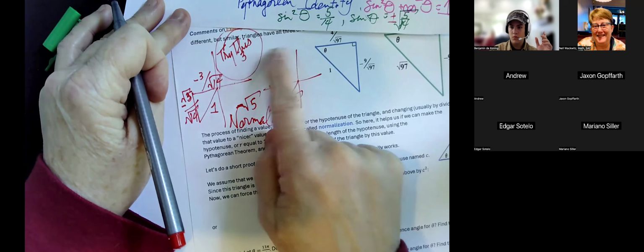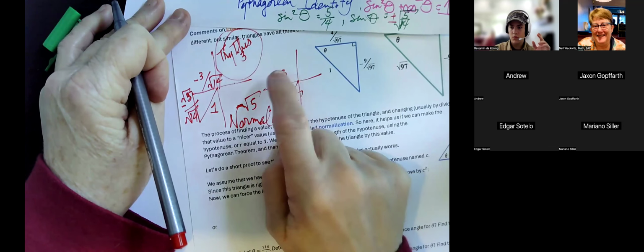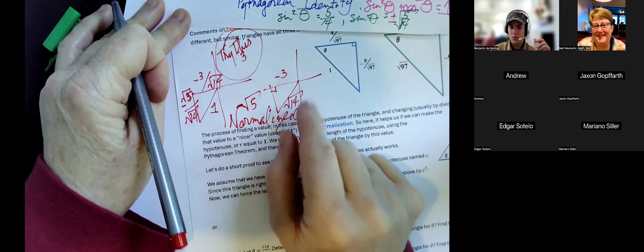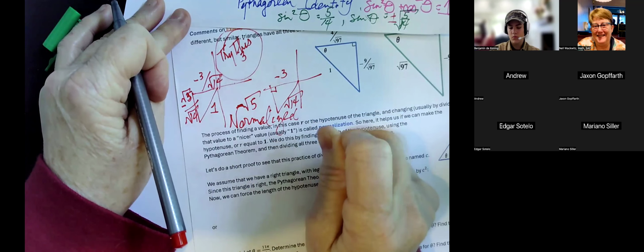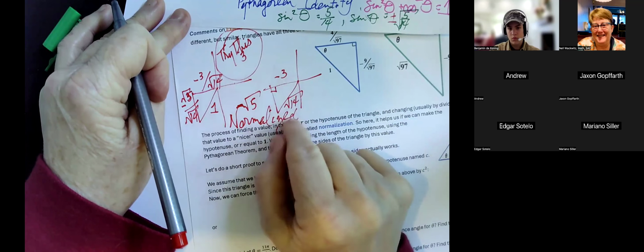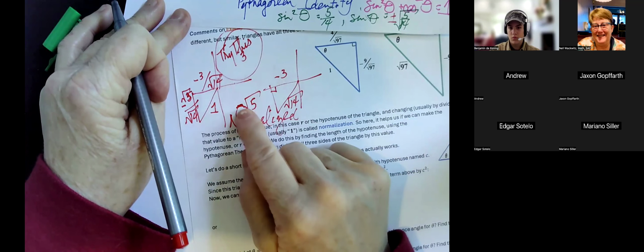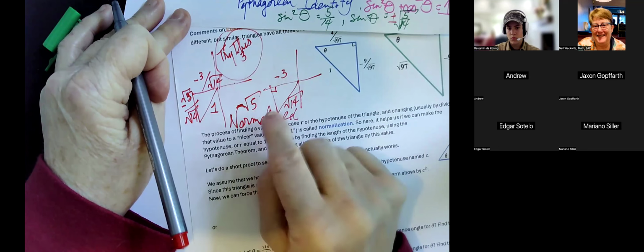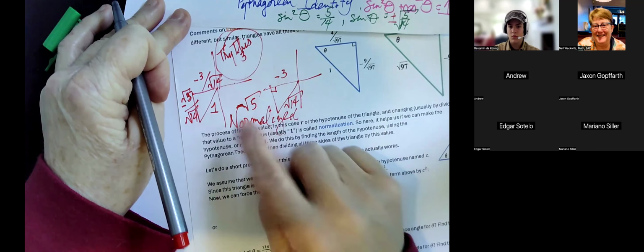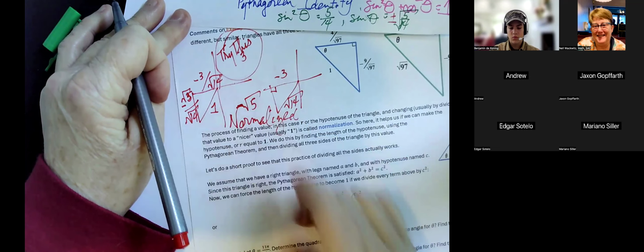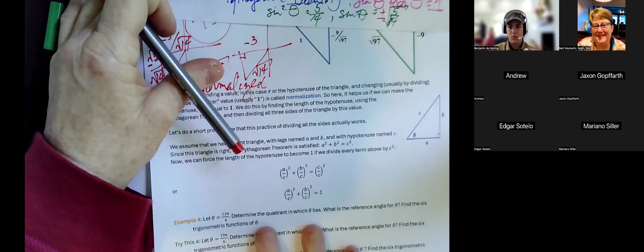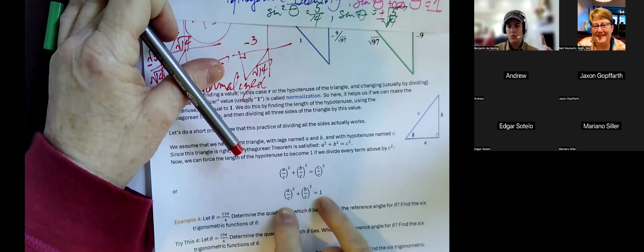We can get to that by dividing every side by the hypotenuse. Negative 3 divided by the hypotenuse, negative square root of 5 divided by the hypotenuse, and square root of 14 divided by the hypotenuse. So square root of 14 divided by square root of 14 is 1. And in the notes, I do a short proof that that actually does work.